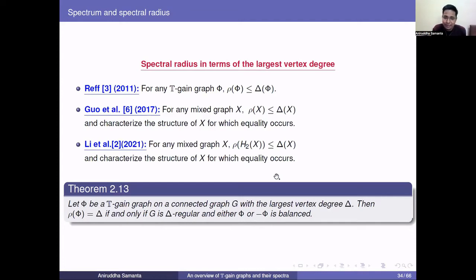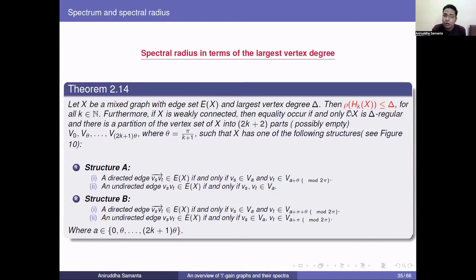Our second result extends these bounds to the K-generalized Hermitian adjacency matrix, because it generalizes the Hermitian adjacency matrix and the second kind of Hermitian adjacency matrix. So the spectral radius of H_K(X) is less than or equal to delta, and equality occurs if the structure of the mixed graph is either structure A or structure B.